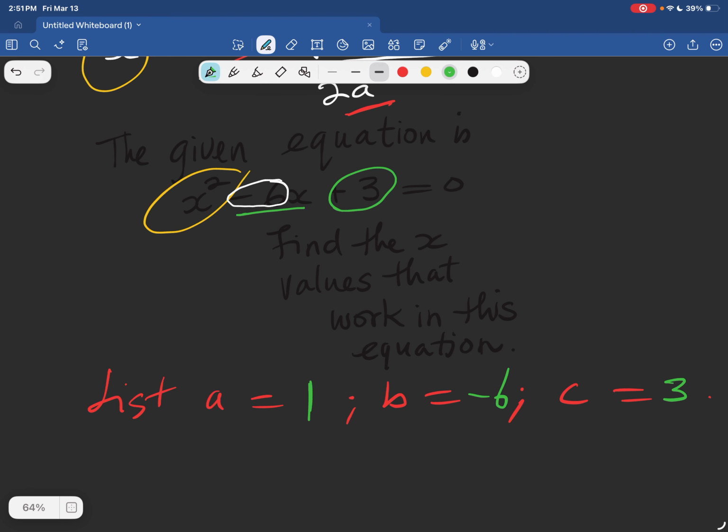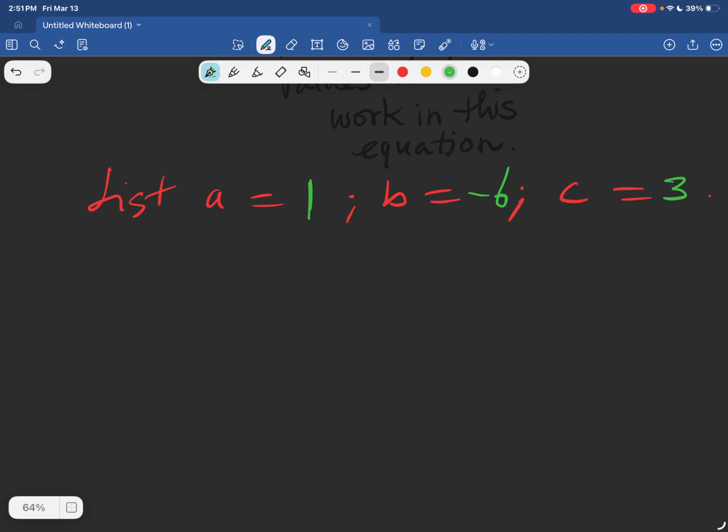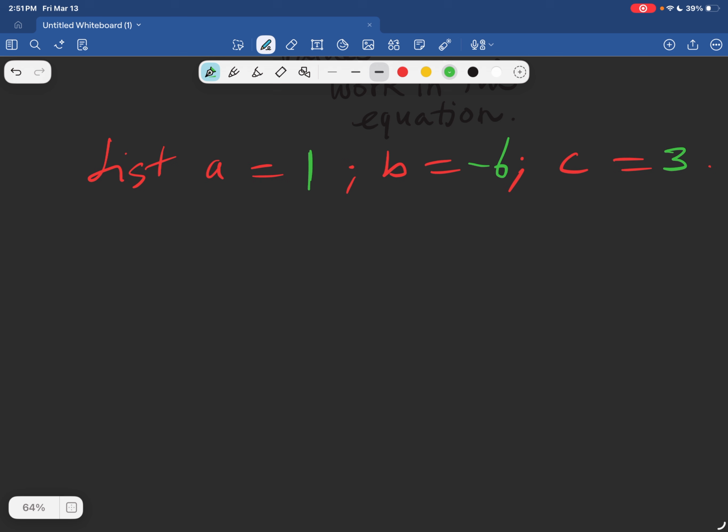Now that we have found all three variables from this given equation, what we'll do now is insert the values in the quadratic formula. Let's go ahead and rewrite the quadratic formula one more time. If you notice, I am repeating the quadratic formula from memory, and I would advise you to do the same. X is what we want to find, and it's equal to the negative of whatever b is.